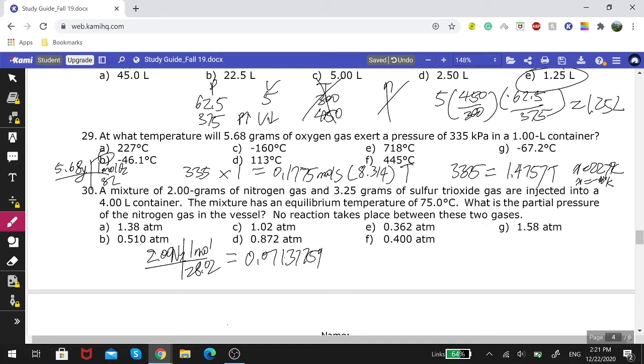On the other hand, we have 3.25 grams of SO3. 1 mole of SO3 is 16 times 3 plus S, which is 32.07, that gives us 80.07. And 3.25 divided by that gives us 0.040589.